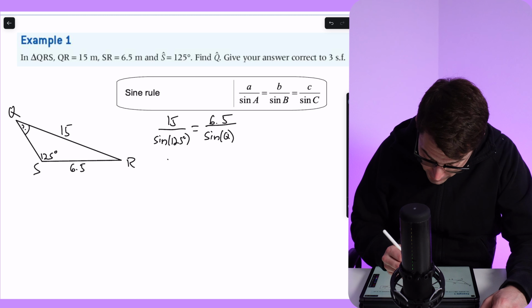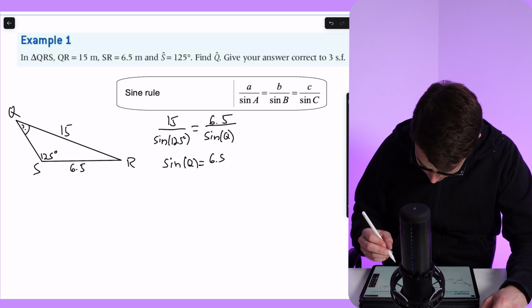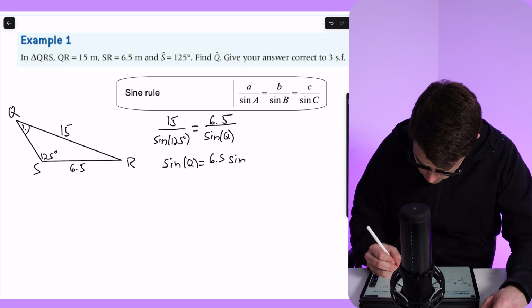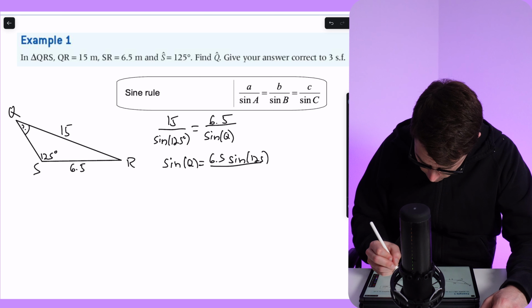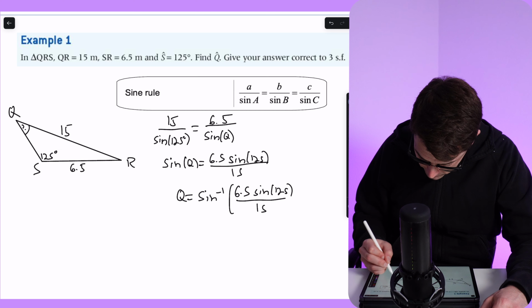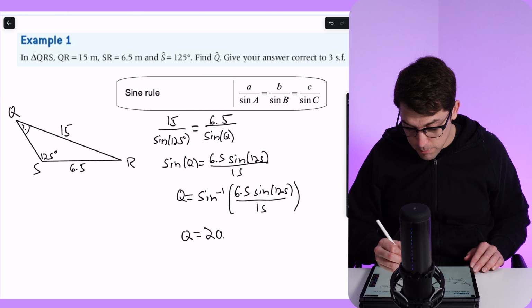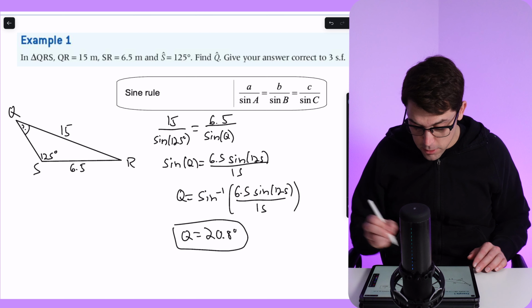If you wanted to do it by hand, you would move that sine of Q over, and that would give you 6.5 sine of 125 all over 15. So Q would be equal to the inverse sine of 6.5 times the sine of 125 all over 15. Therefore, Q would give us an angle measurement of 20.8 degrees if you look into your calculator.